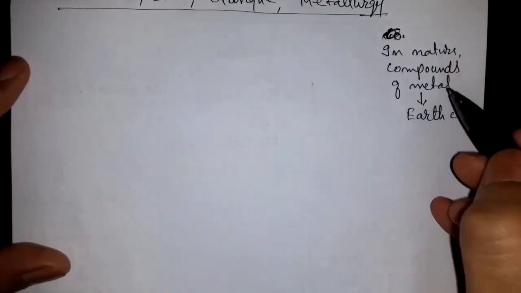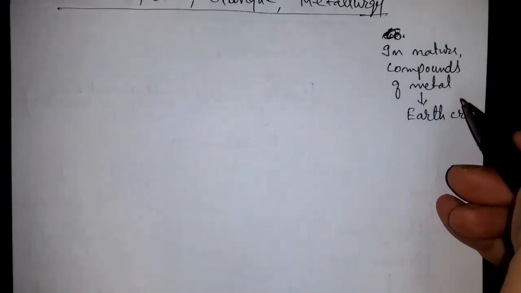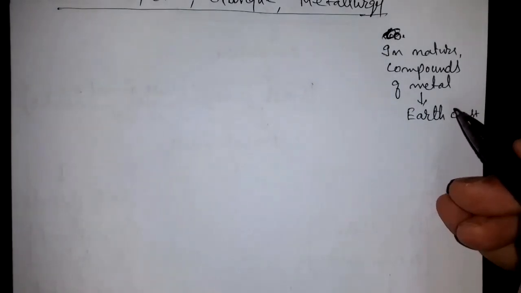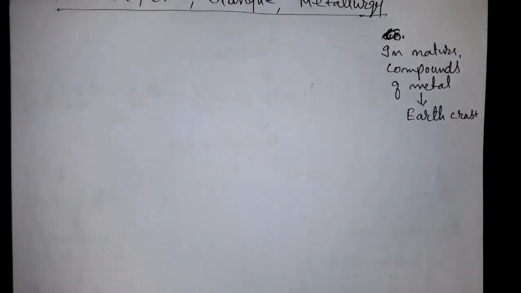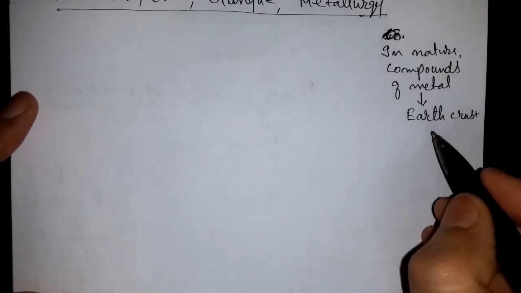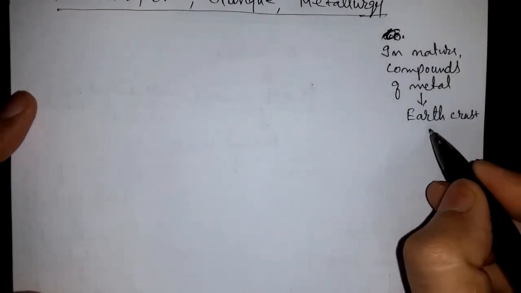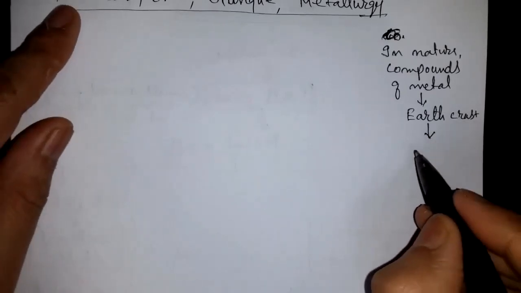That means metal is with a friend. That means we are neglecting free state metal, because that will be only few. That compound of metal present in the earth crust is called by the first name, that is mineral.